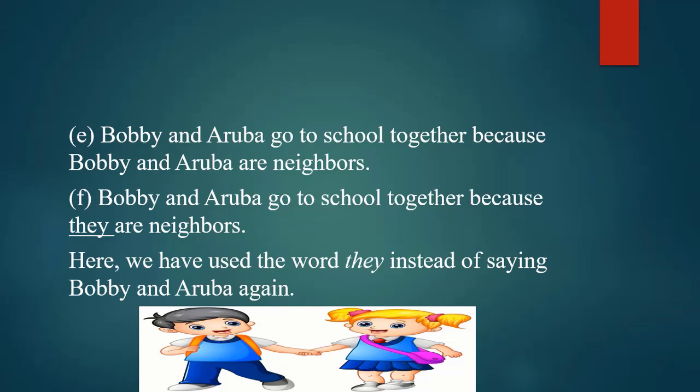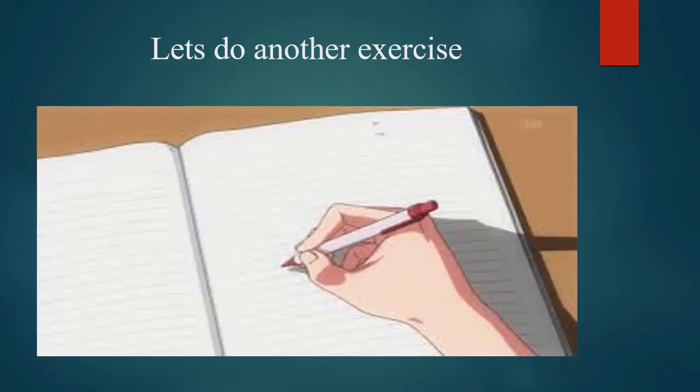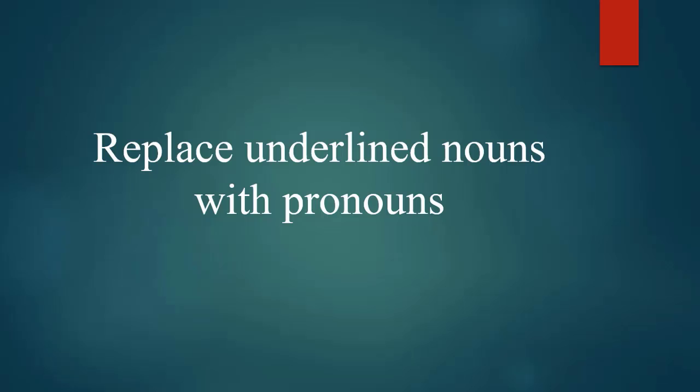Bobby and Aruba go to school together because Bobby and Aruba are neighbors. Bobby and Aruba go to school together because they are neighbors. Here we have used the word they instead of saying Bobby and Aruba again. Let's do another exercise.